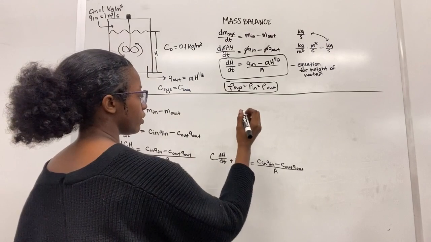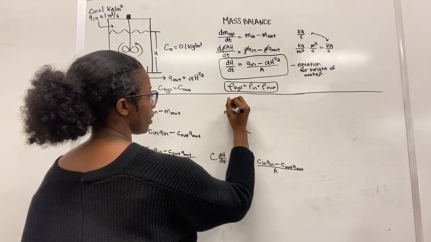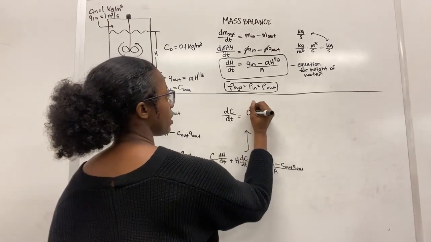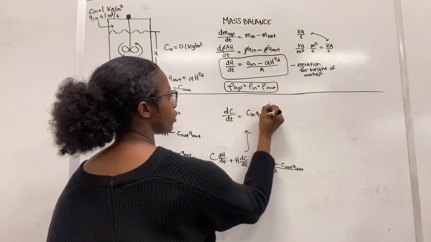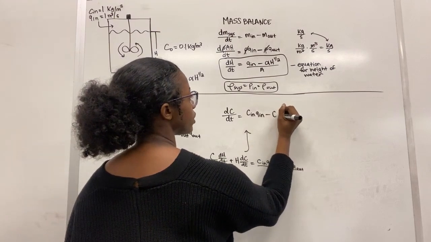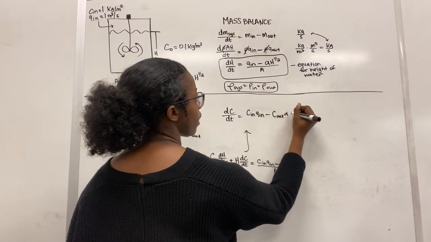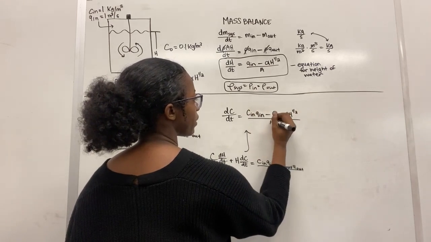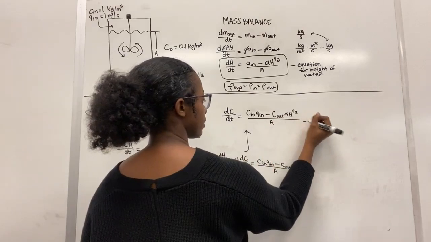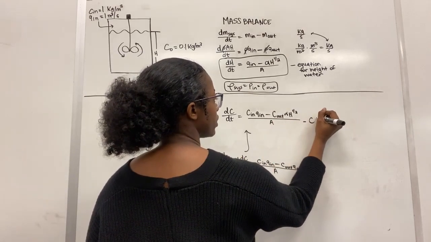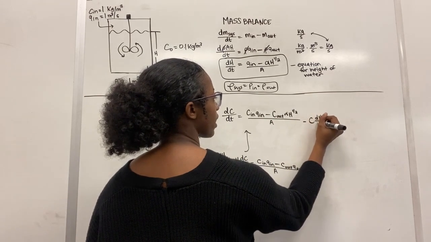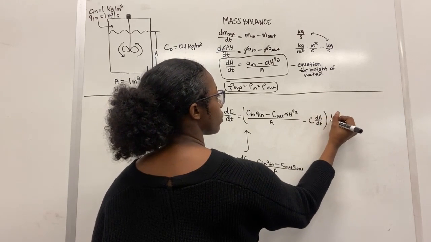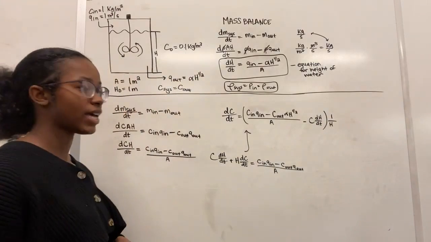And so we are left with the change in concentration with respect to time is equal to the concentration coming in times the flow rate coming in minus the concentration going out times alpha times the height to the 1/2 power, divided by the area, minus the concentration times the change in height with respect to time, all times 1 over the height.